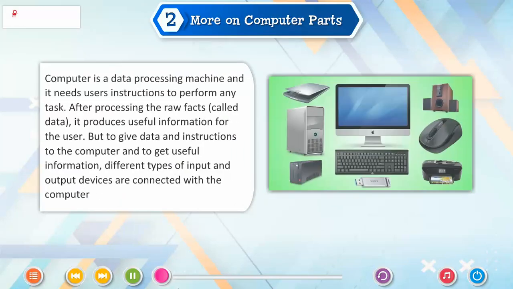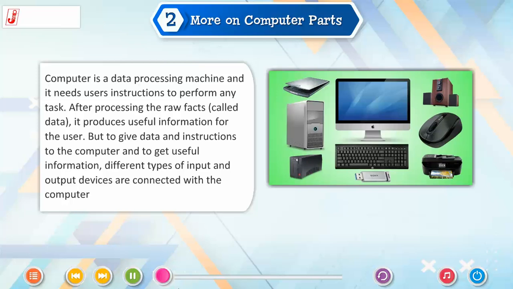Computer is a data processing machine and it needs users' instructions to perform any task. After processing the raw facts called data, it produces useful information for the user. But to give data and instructions to the computer and to get useful information, different types of input and output devices are connected with the computer.